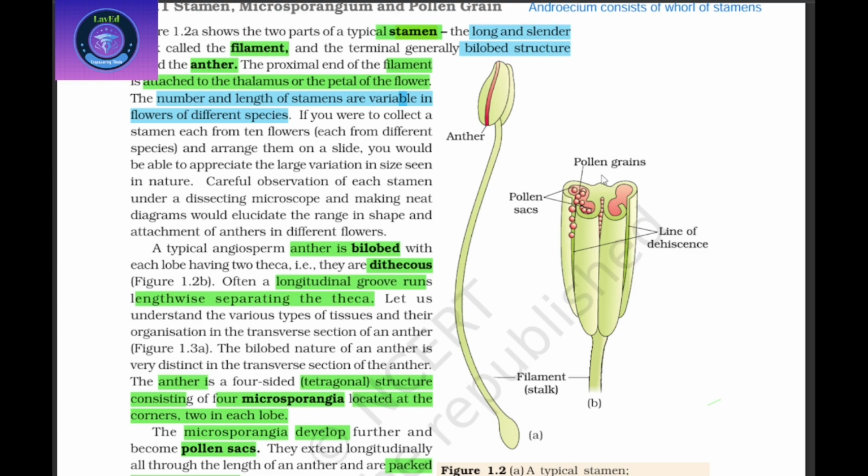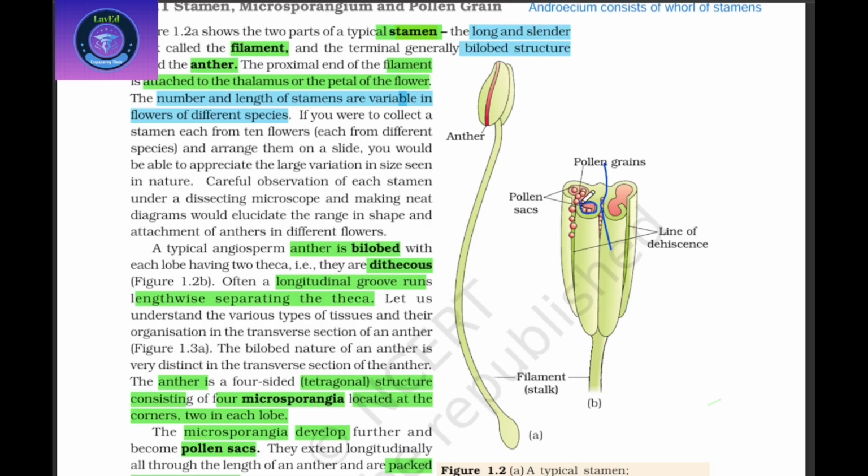You can see this. Wait a second, I will draw for you. My drawing will be bad. This part separates the two parts. This is one lobe, this is the other lobe. Now you can see out here two cup-like structures, two thecae.